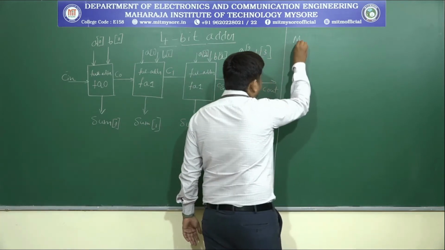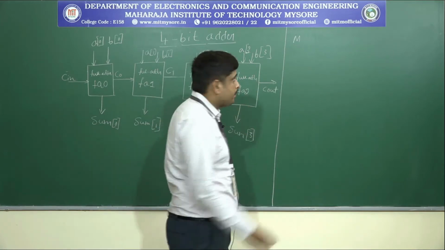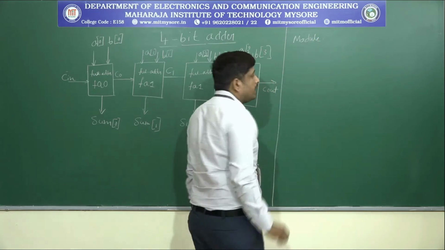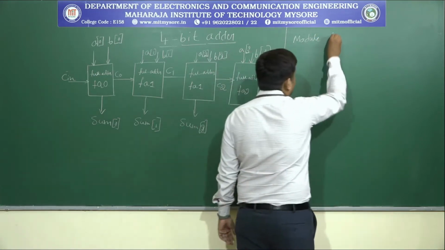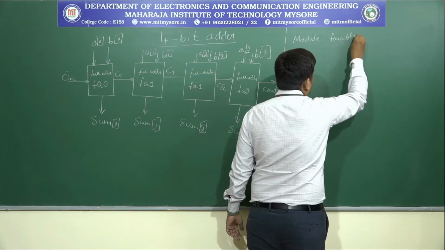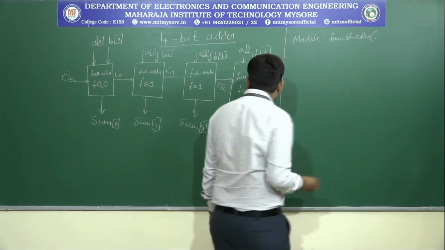What is the first one? First we have to define the 4-bit adder circuit, that is the module. The name of the module is 4_bit_adder. What are the inputs and outputs?